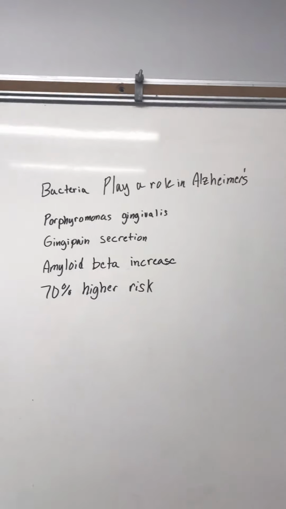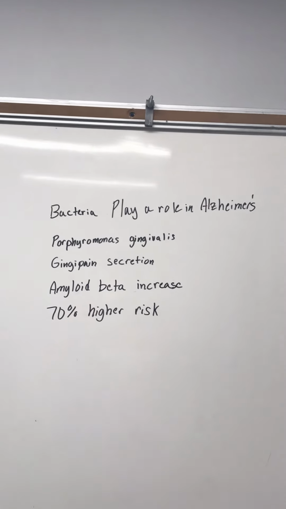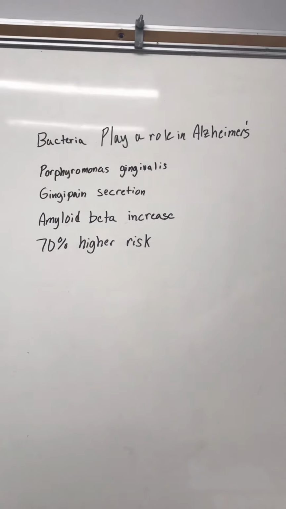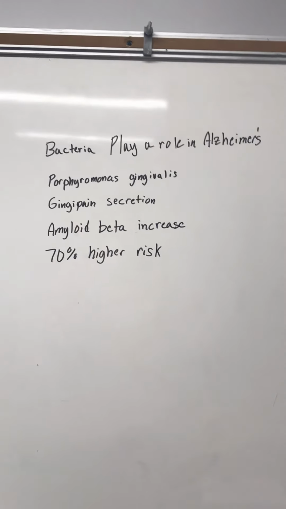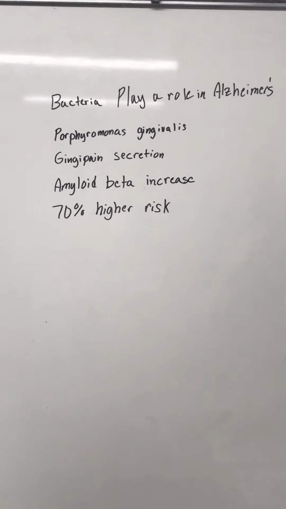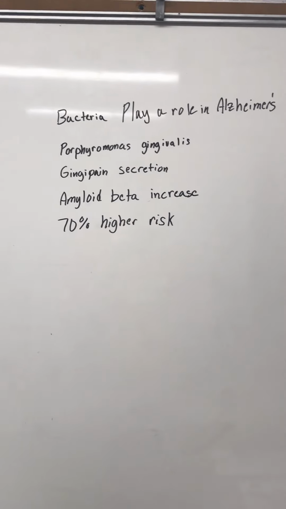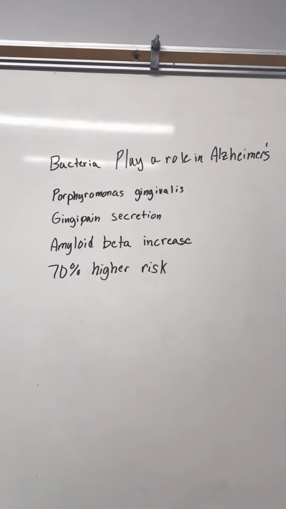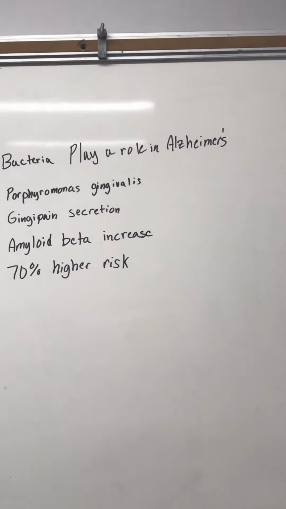So I just thought that was kind of interesting that they've connected gingivitis to Alzheimer's, because gingivalis is a gram-negative anaerobic bacteria that forms a biofilm in the mouth, and it's non-motile, so they don't really know how it gets to the brain, but when it gets there, it can really cause some destruction in the brain. So that's all I really have for bacteria that can cause Alzheimer's, or plays a role in people that develop Alzheimer's.